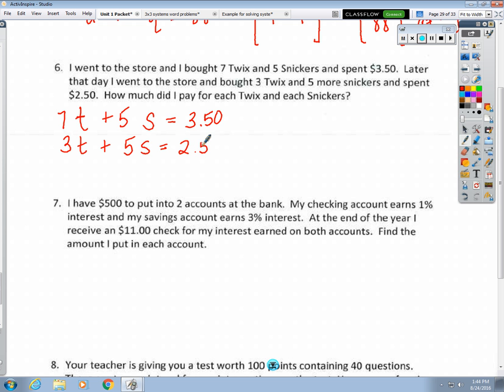Right, and so there's your system of equations. You're ready now to put it in a matrix. So 7, 5, 3, and 5. And then take the inverse of it and multiply it by your constant matrix with your totals. Okay, so go ahead and type that in if you haven't.